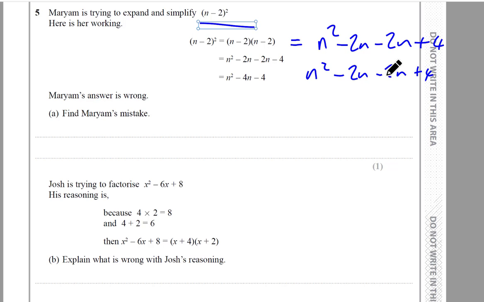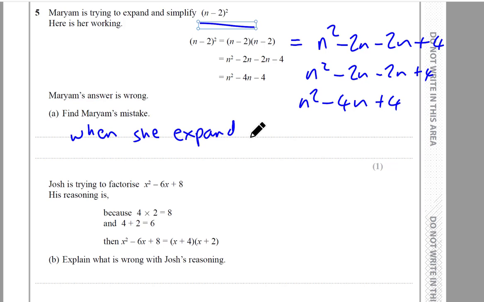That's plus 4. So that's n squared minus 4n plus 4. So you can easily see where Mariam's mistake is. Well, when she expanded minus 2 times minus 2, she wrote minus 4.